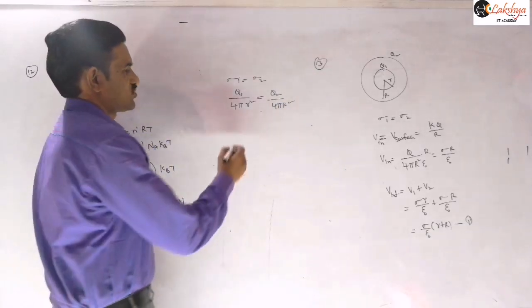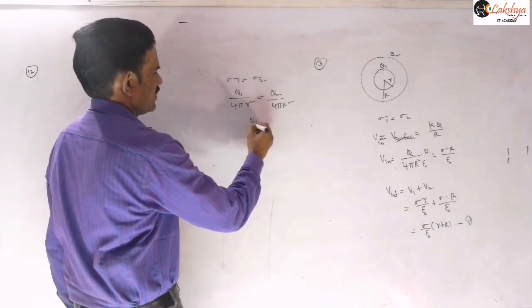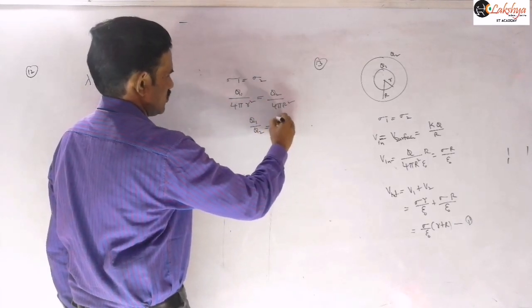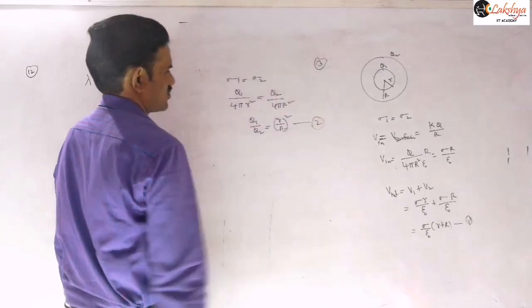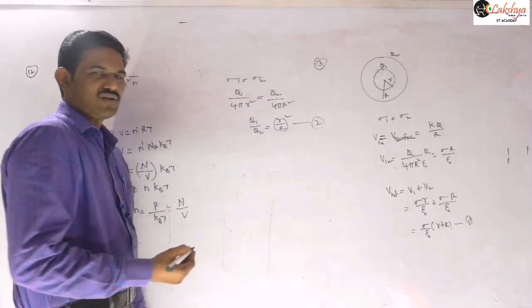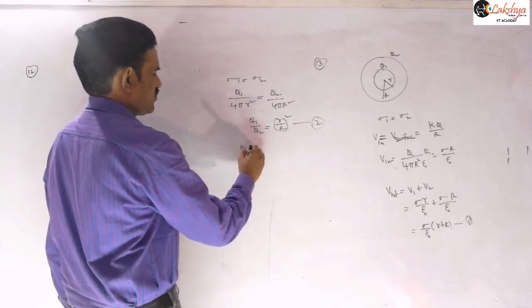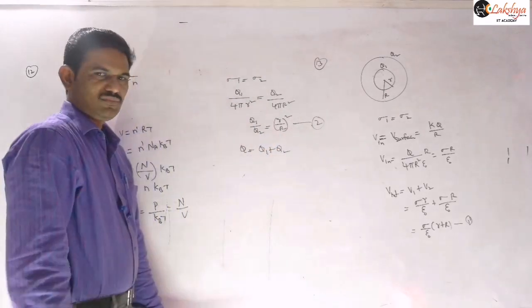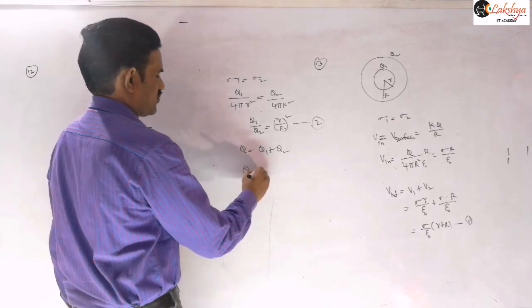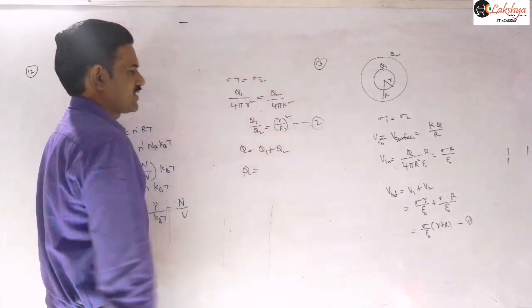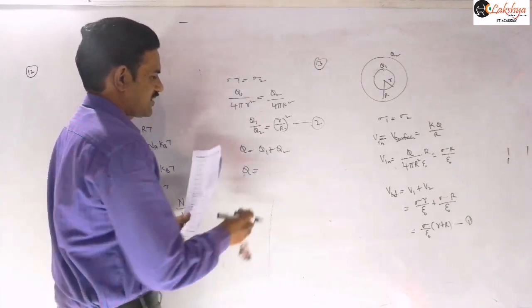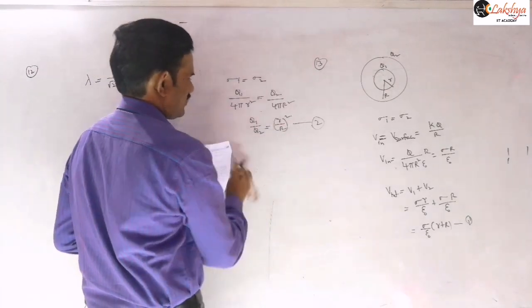From this, Q1 by Q2 is equal to small r by capital R whole square. Let us call this equation 2. Another relation is Q is equal to Q1 plus Q2. Let us eliminate the Q1 and Q2 values, so we can write it directly in terms of Q1 and Q2.